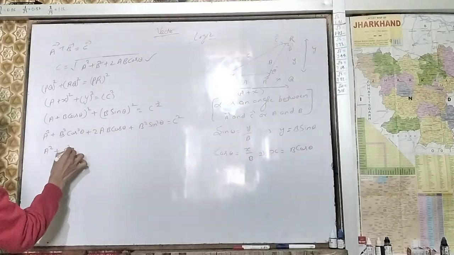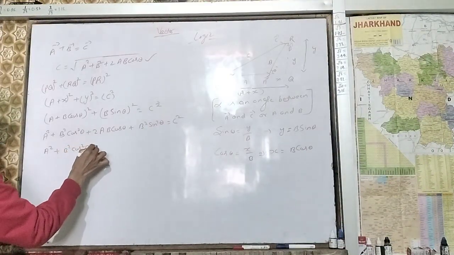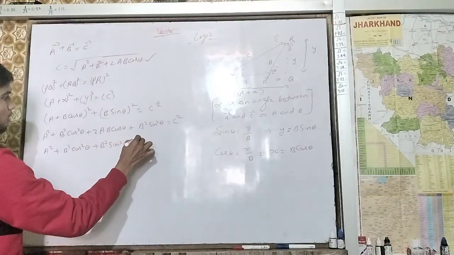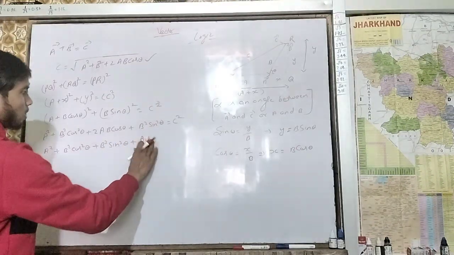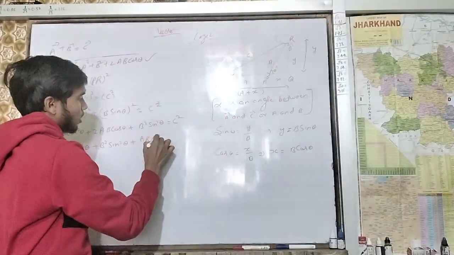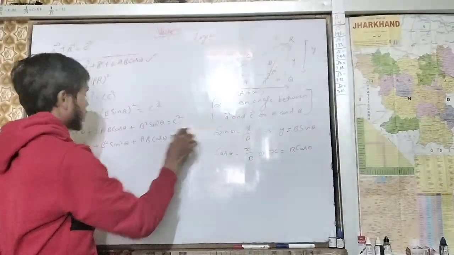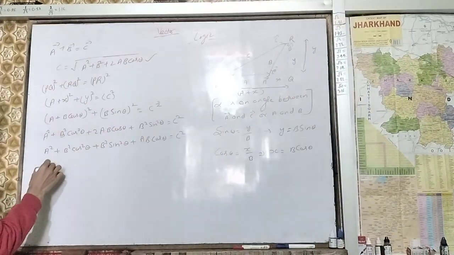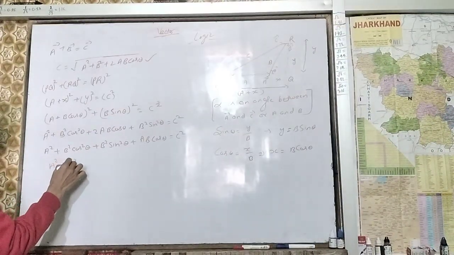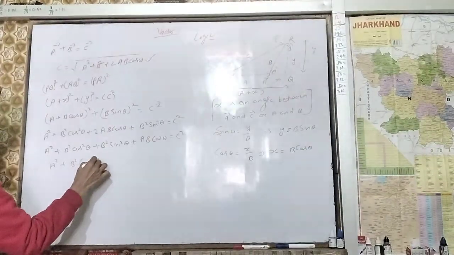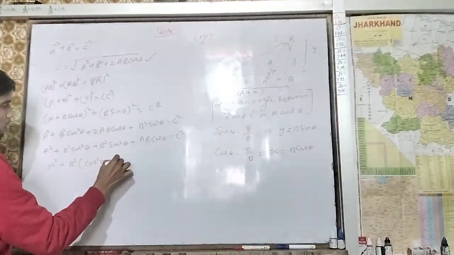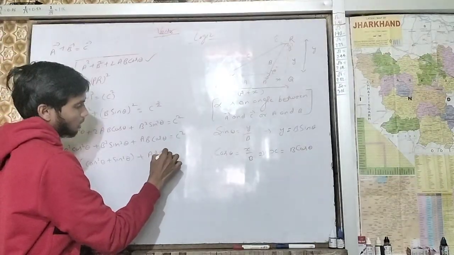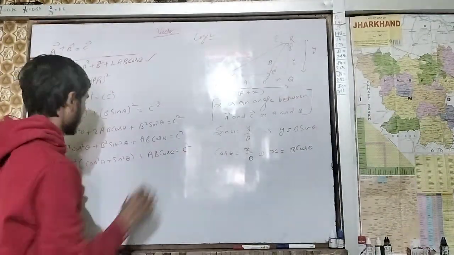So b square cos square theta plus again b square sin square theta plus 2ab cos theta is equal to c square. B square is common in these two terms. So a square, then b square (cos square theta plus sin square theta), then we have 2ab cos theta, equal to c square.